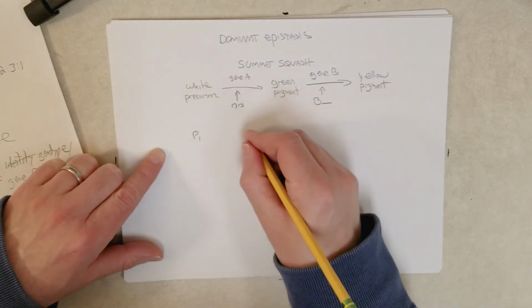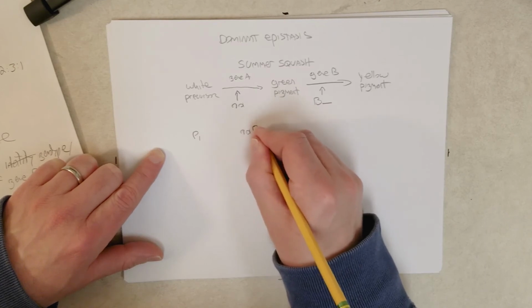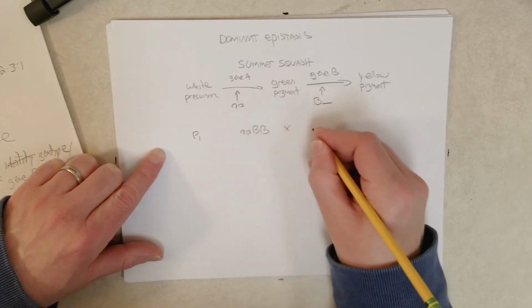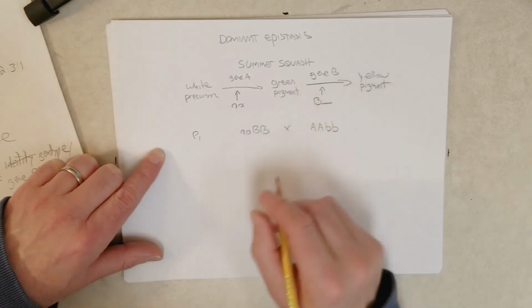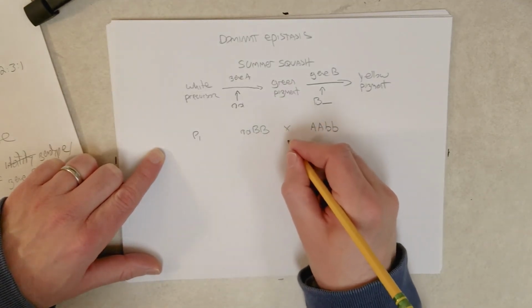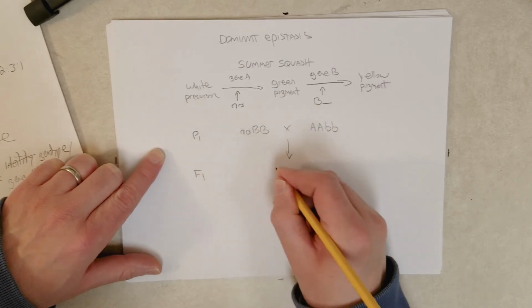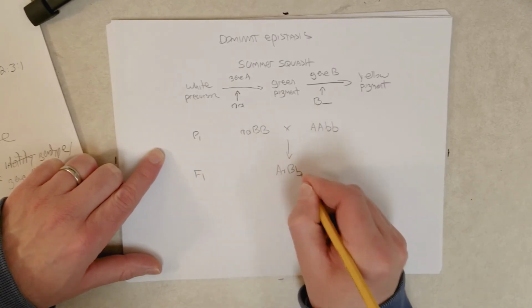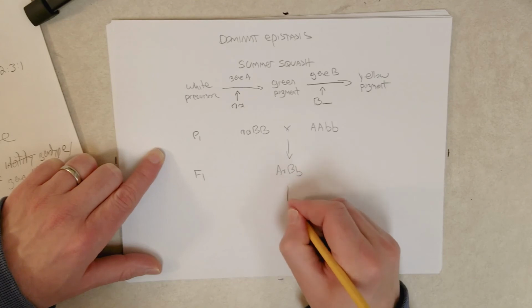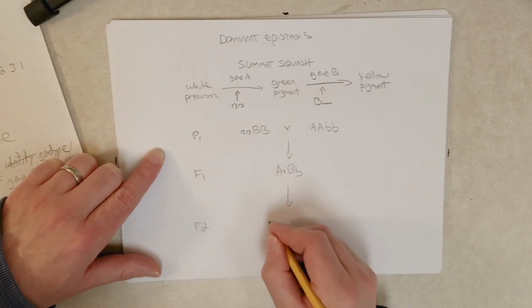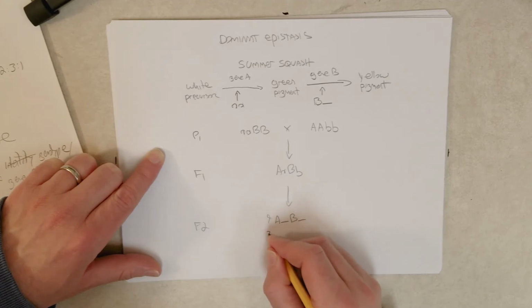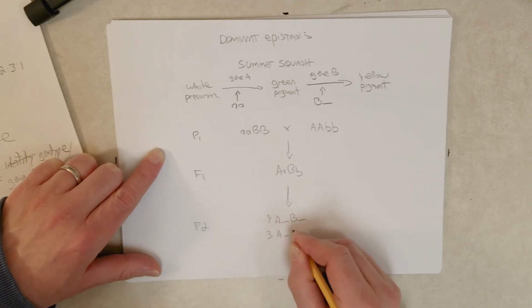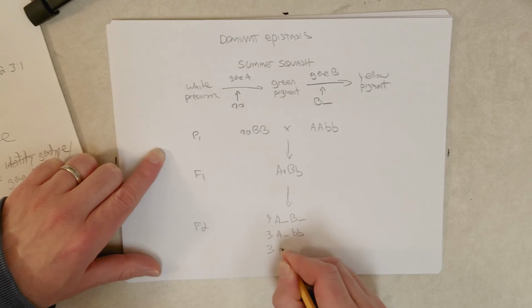So for example, let's take this cross right here. 2 little a's, 2 big b's, cross 2 big a's, 2 little b's. The F1, heterozygous. The F2, we already memorized this. So 9, 3, 3, 1.